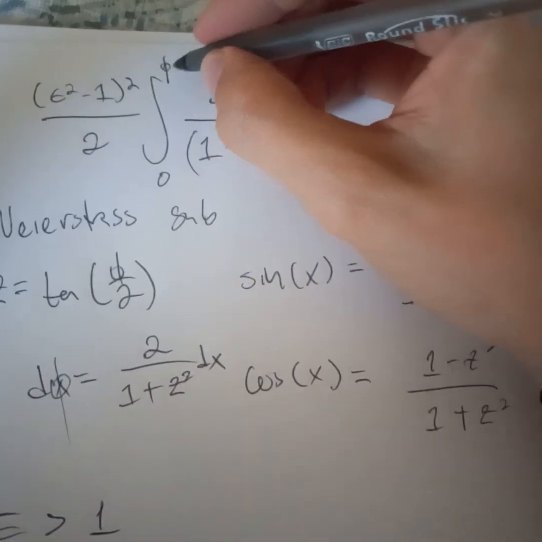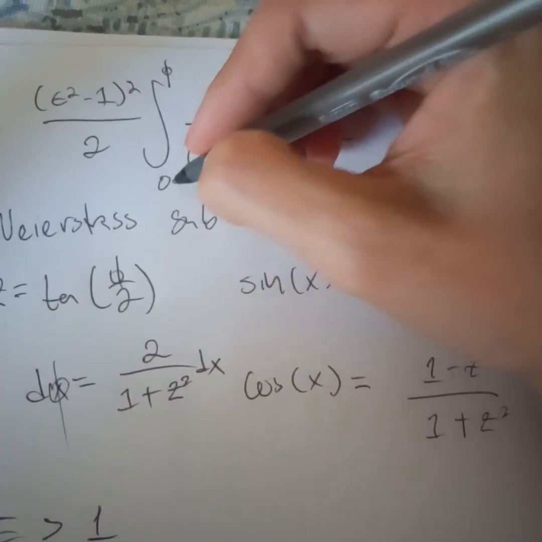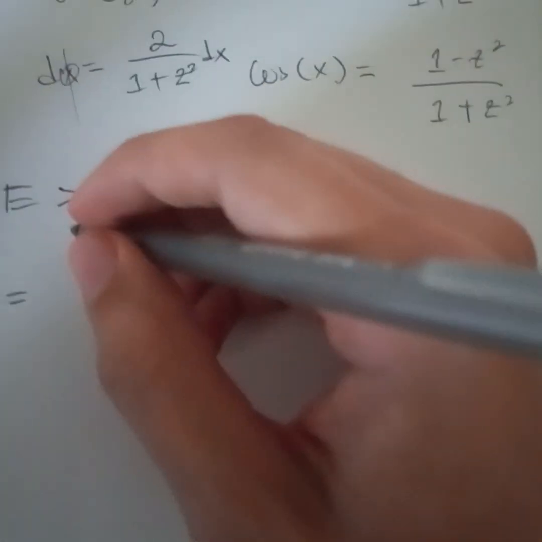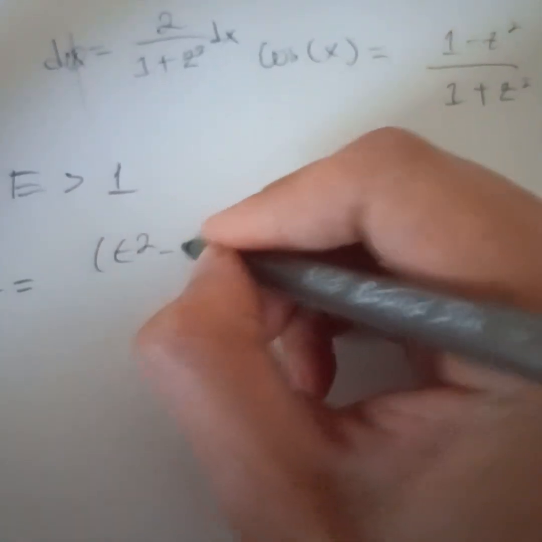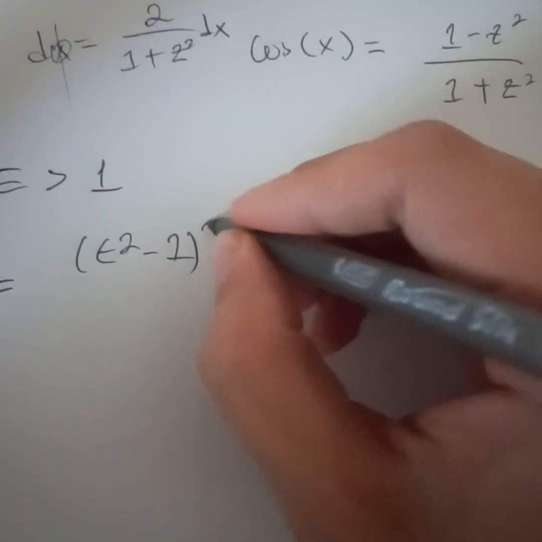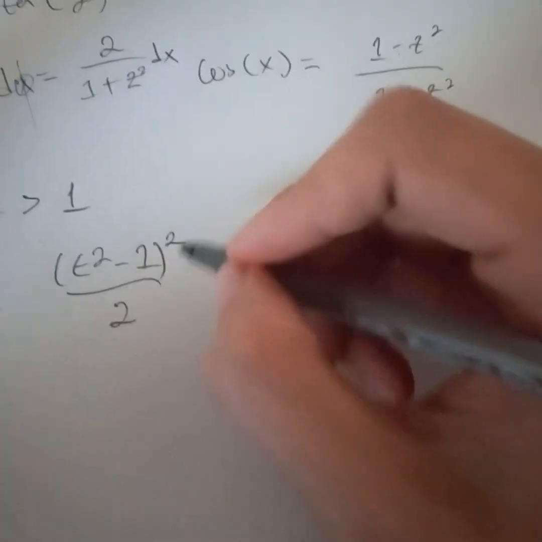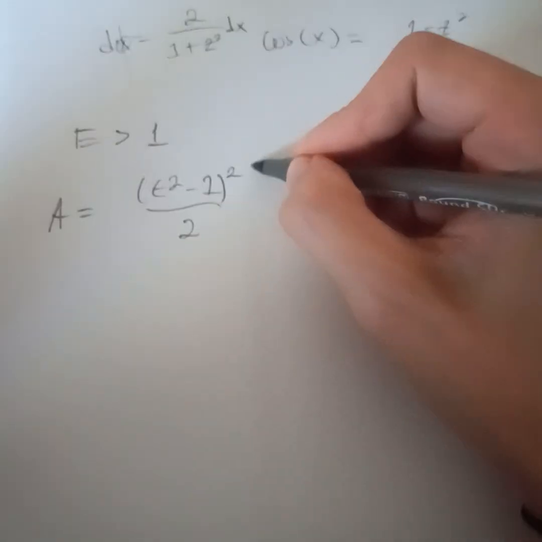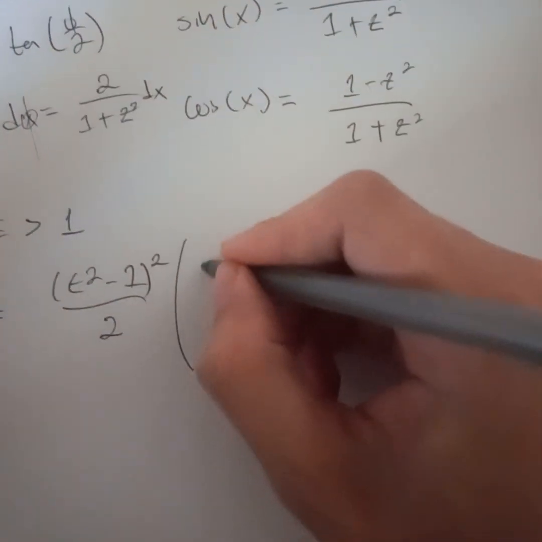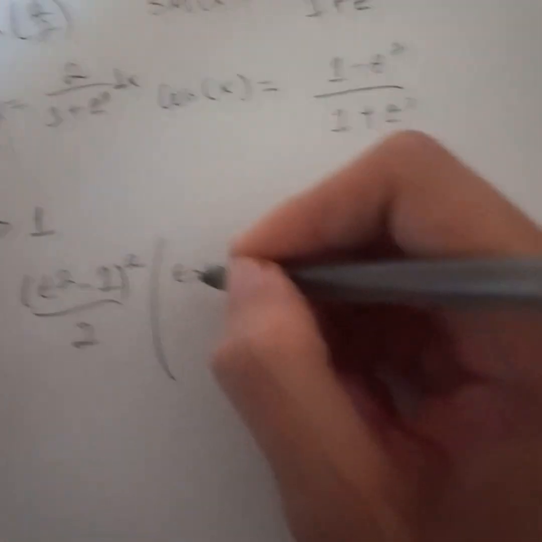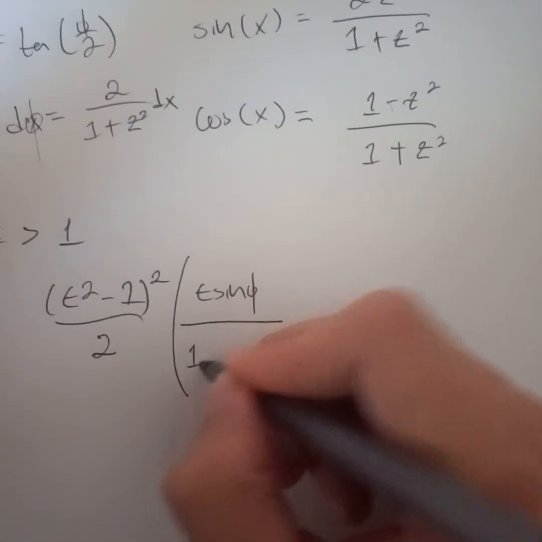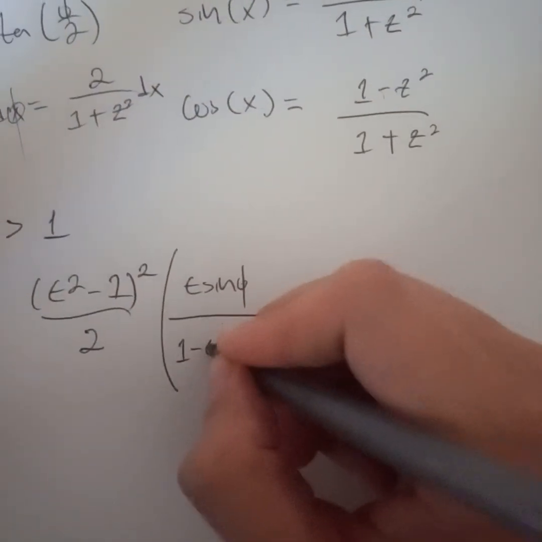Okay, so any angle, but the first angle is 0. Let's see, so let's put this e squared minus 1 squared, 2, and then e sine phi. The answer becomes this thing that I'm writing out.